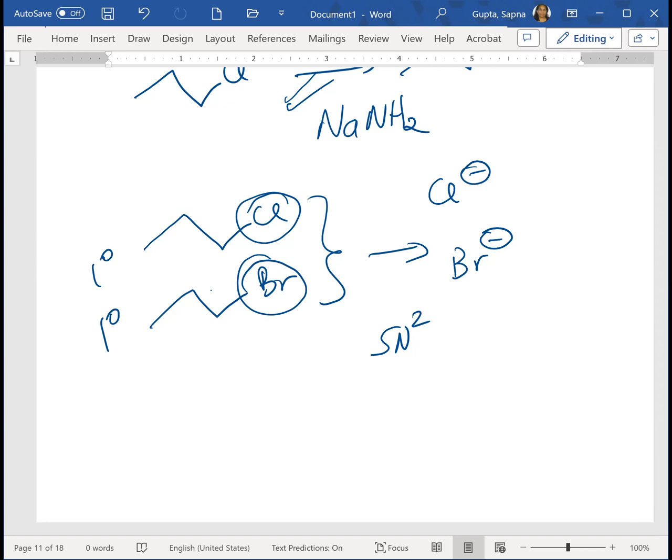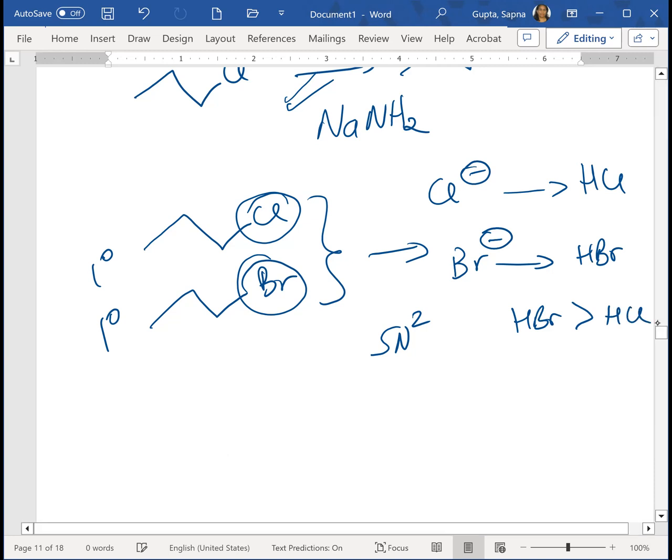So in this case, what you again need to do is convert them into acids, HCl, HBr. HBr is stronger than HCl as an acid. So if HBr is a stronger acid, it gives you a weaker conjugate base. You can see that I'm doing this all the time, and it will be easier for you to do this. This will also help you with your acids and bases. And once you know the concepts, it's fine. And how is HBr stronger? Remember, it was the size thing, right?